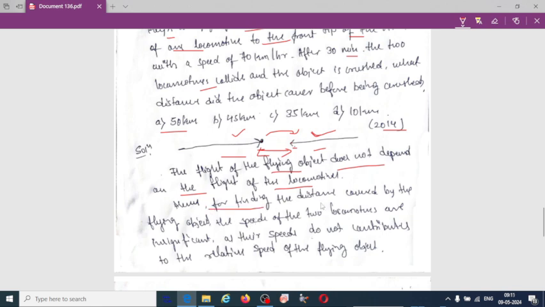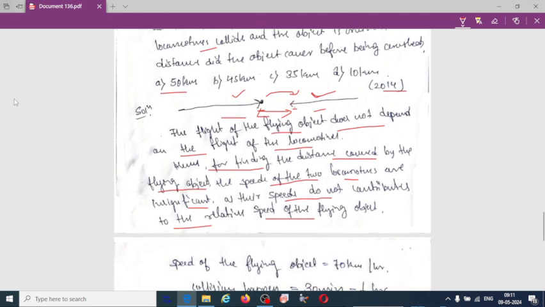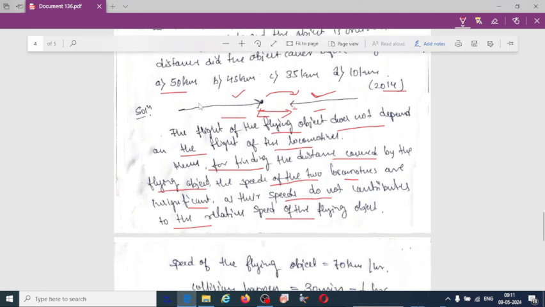Hence, for finding the distance covered by the flying object, the speeds of the two locomotives are insignificant, as their speeds do not contribute to the relative speed of the flying object. So the speeds of these two locomotives or trains are not going to contribute to the flying object.